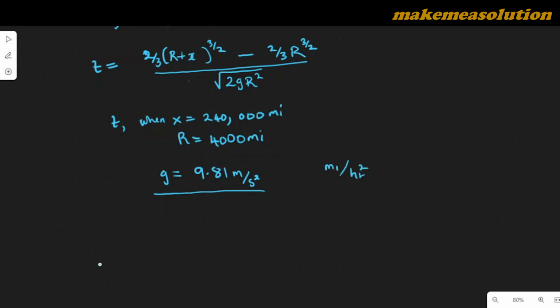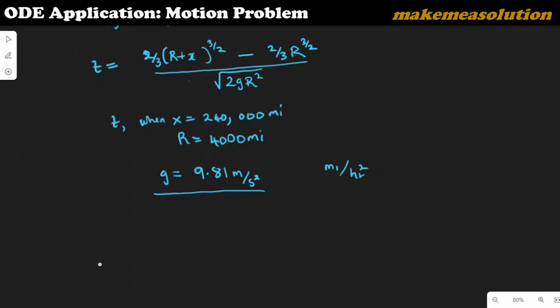So how are we going to do that? You should already know how to do conversions like this as an engineer. We have 9.81 meters per second squared. 1 mile is equivalent to 1609.344 meters.